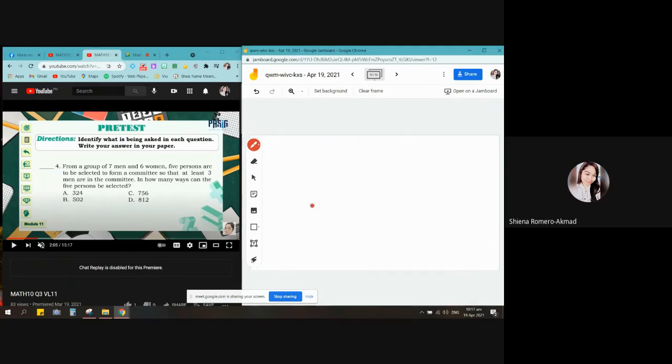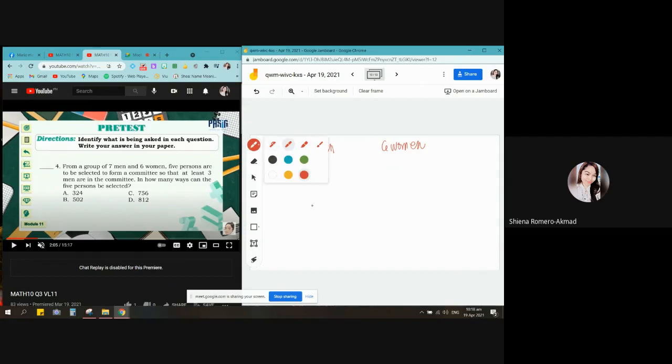So let us have the given. You're going to form a committee. 5 persons should be selected, and you have to consider the condition, which is at least 3 men are in the committee. So 3 men meaning at least 3, that's 3 or more.